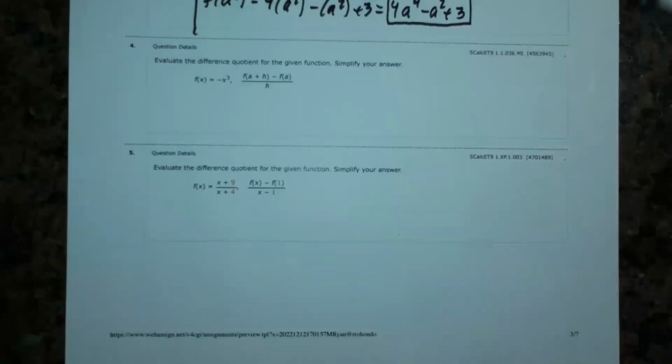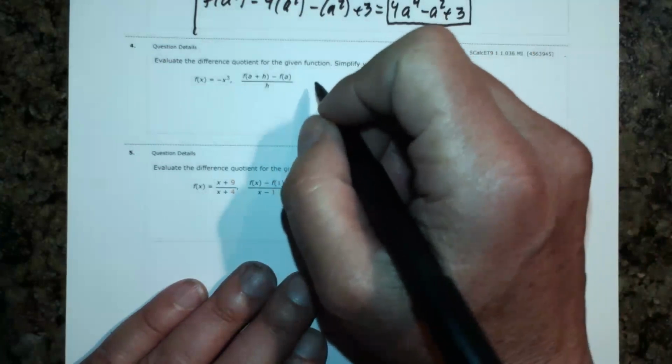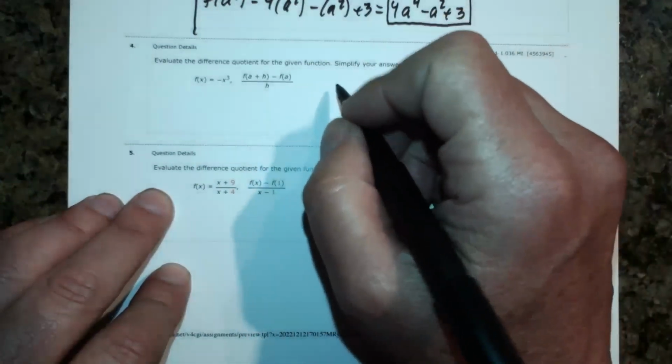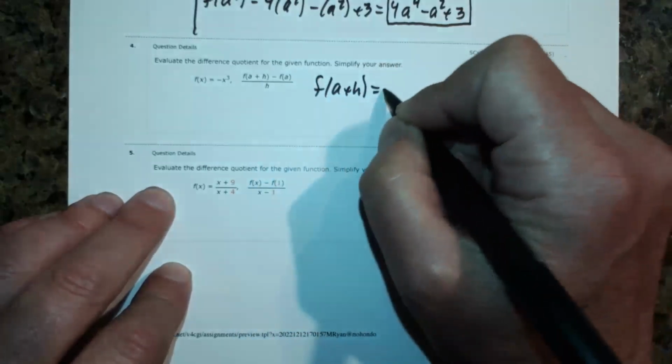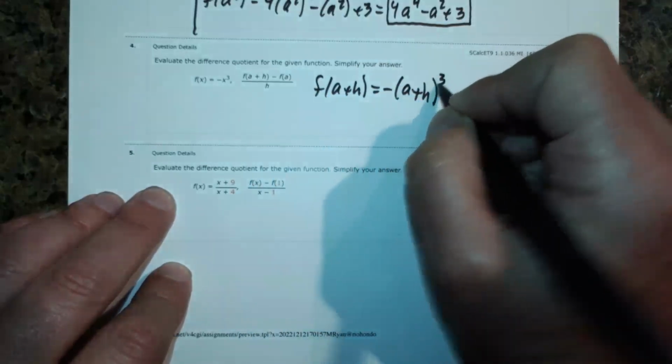So what I want to do is have us recall. Let me start here, and I'm going to use the back of another sheet of paper. So the tricky one is the f of a plus h. So that's going to be f of a plus h is going to be a negative to the 3rd power.